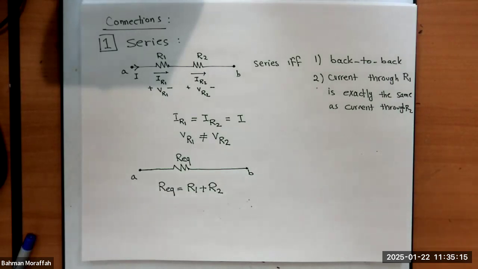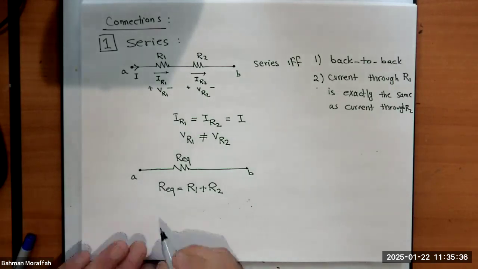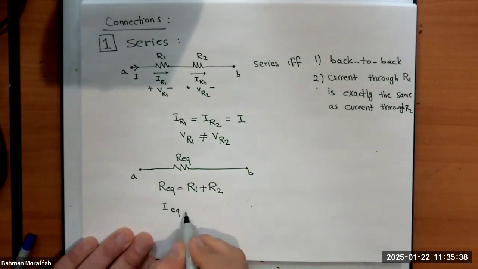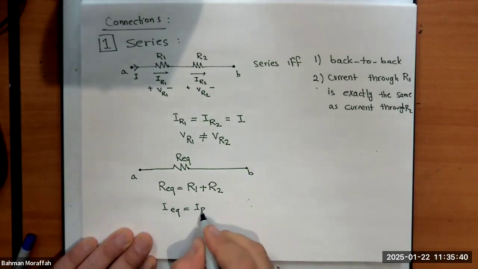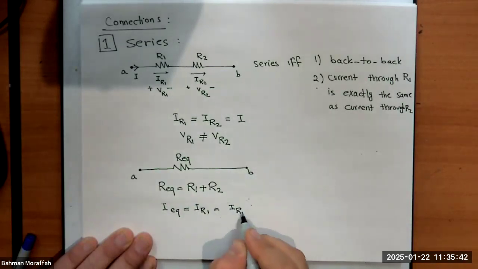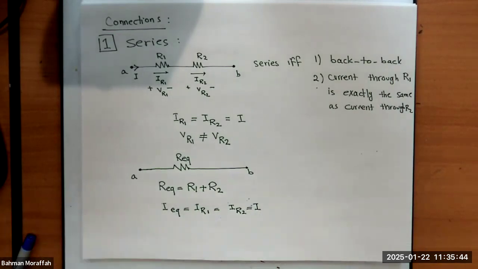It's exactly the same as current through R1, and it's exactly the same as current through R2. Why? Because they're back to back, and whatever current is flowing through one of them, it should flow through the other one. And if I look at point A, I know the current through that is I, which is exactly the same as I of R1 and I of R2. So I equivalent is the same as I of R1, the same as I of R2, the same as I. Right?